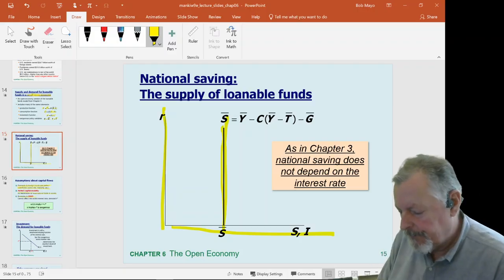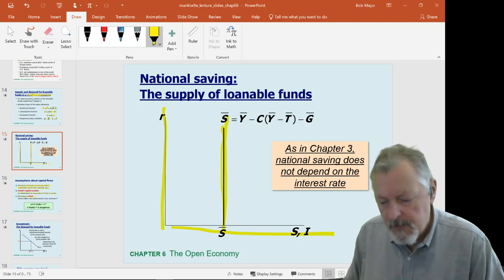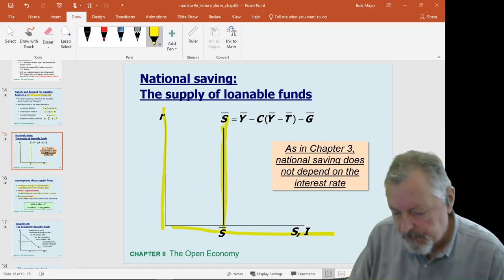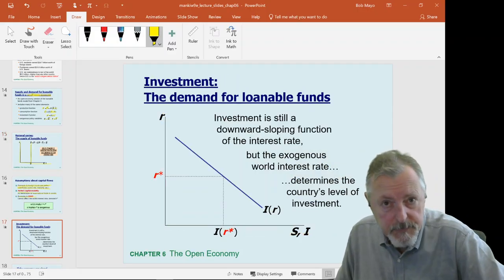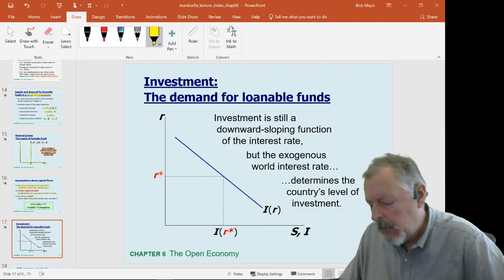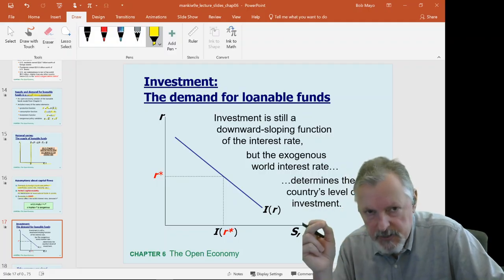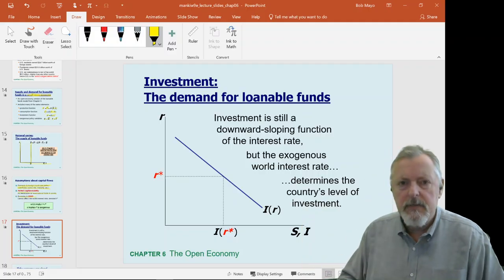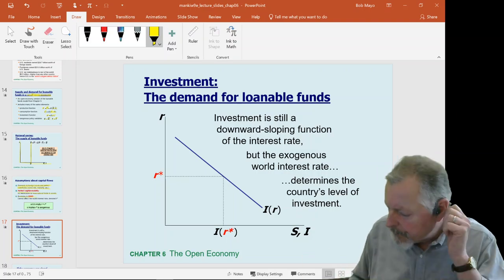This is a supply and demand graph for loanable funds. This is the supply of loanable funds, savings. This is the demand for loanable funds, investment. Now, although we're assuming that the supply of loanable funds, savings, does not change with the interest rate, we're assuming that the demand does. The interest rate is essentially the price, how much you have to pay to borrow funds for investment.